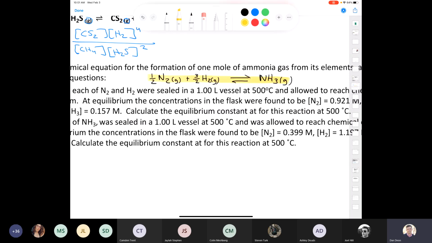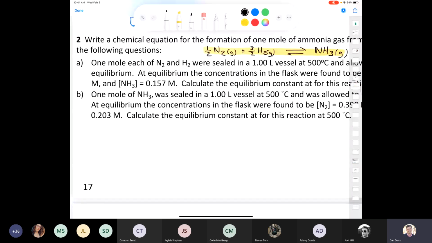Now that we have the expression, we can write our K equilibrium. We can say that K for that reaction that I have highlighted in yellow is equal to the concentration of ammonia divided by the concentration of nitrogen to the power of a half, or a square root, times the concentration of hydrogen to the power of 3 over 2. Now we can just plug in all the concentrations because they were given to us.